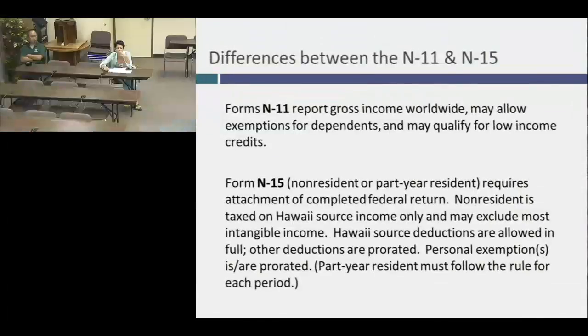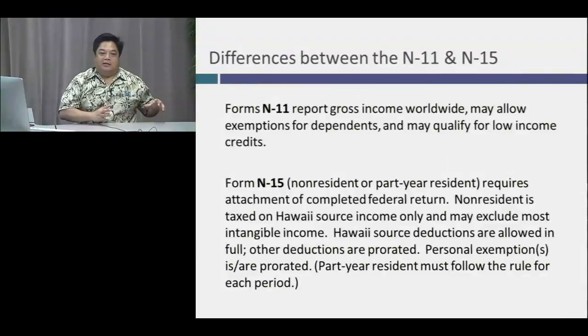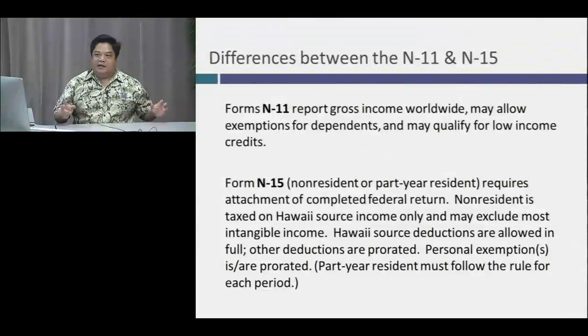It says for N11 and may qualify for low income credits. What is that? Low income credit is only if you have a small income, then there is a tax credit. So again, I stress, do not rush. A lot of people rush because they said, oh, I can get tax credit.